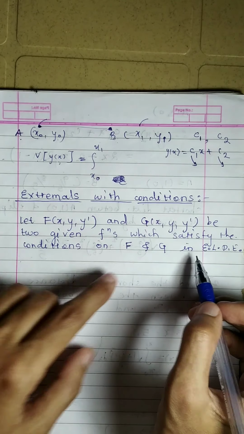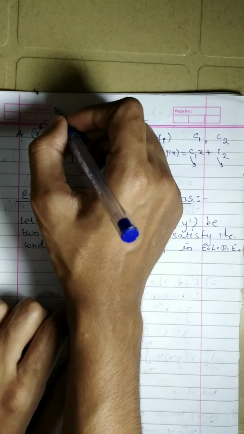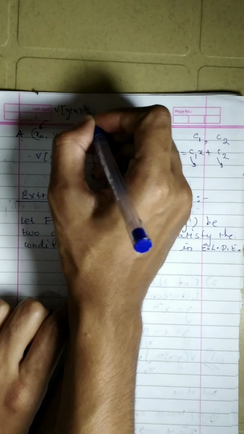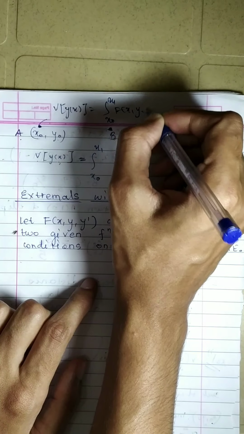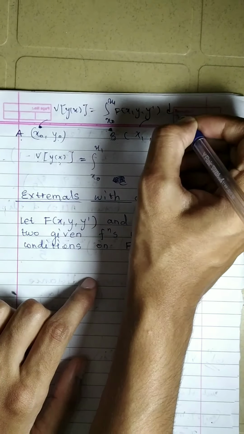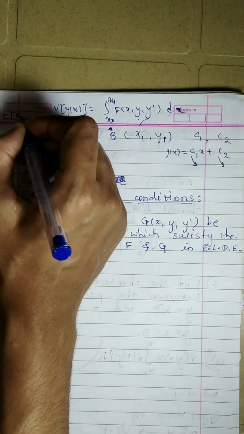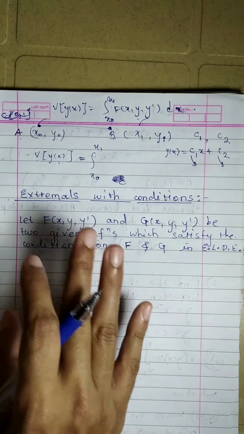So when we were dealing with these functionals V[y(x)] equal to the integral from x0 to x1 of capital F(x, y, y') dx, and when we were writing the Euler-Lagrange differential equation for such a functional by taking this capital F, there were some conditions: capital F we had taken 3 times differentiable, and the curve y(x) belongs to this class C^(0,1), or whatever the conditions were.